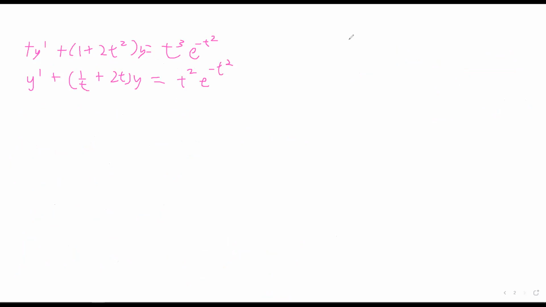And then, of course, I'll write the formula up here, and y'all can play with it. Mu of t is equal to e to the integral p of t dt. It's going to be t plus e to the t squared over 2 times 2, which is e to the t squared.